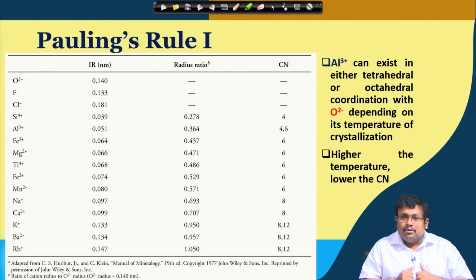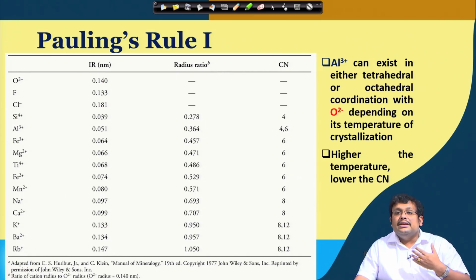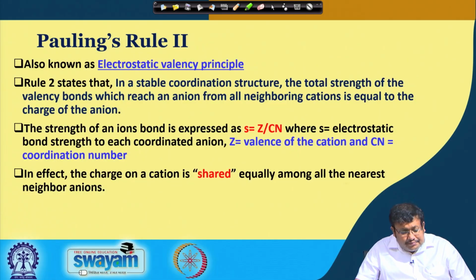It is a thumb rule. So, from Pauling's rule, we can basically identify for each of these cations what their coordination number will be.